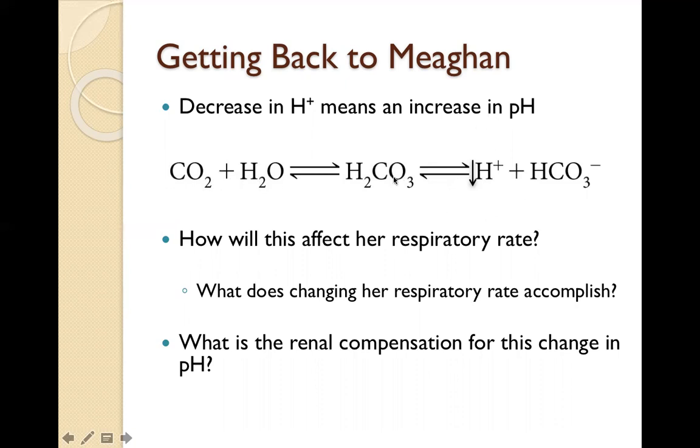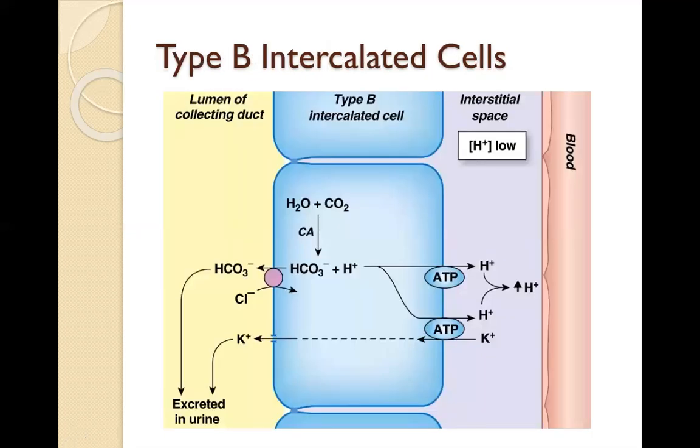A lower CO2 is going to mean that her respiratory rate, she may not be breathing as deeply or as rapidly because of a lower CO2. The renal compensation for this change will be in the form of a type B intercalated cell. The type B intercalated cell is going to help bring hydrogen ions back into the blood, and it's going to help get rid of the bicarbonate ions so that they're excreted in the urine.